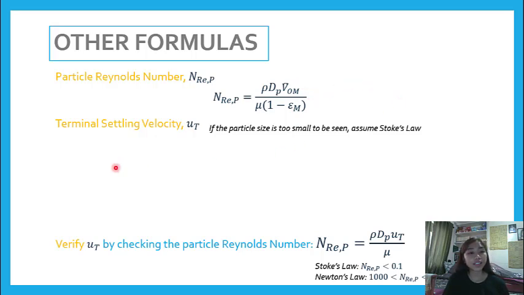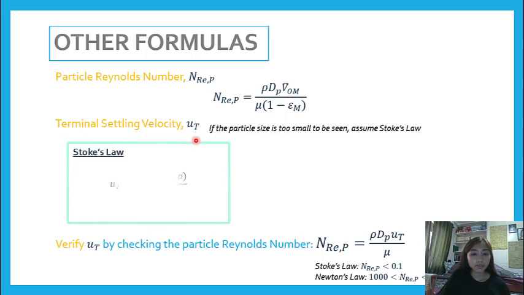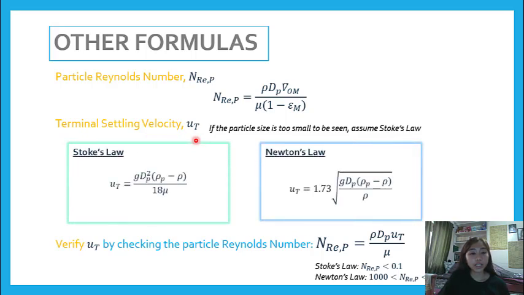Okay? Next, we can also compute for the terminal settling velocity, ut. And our ut, if our particles are in the Stokes law regime, we have this equation for the ut.